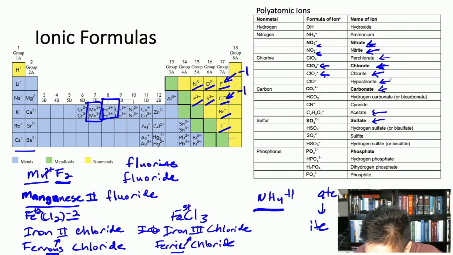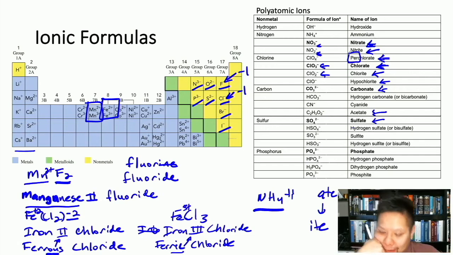Now, if you go the other direction from chlorate, which is ClO3 minus, and it gains an oxygen, it becomes perchlorate. So the thing to remember about this is that per generally means extra oxygen. A good example of that would be hydrogen peroxide.